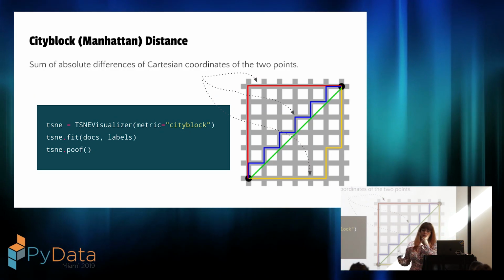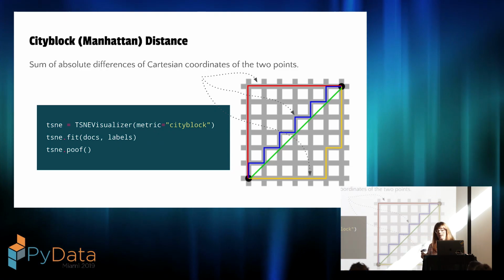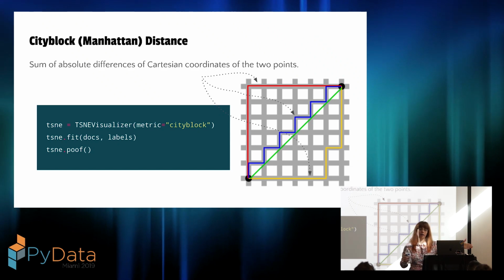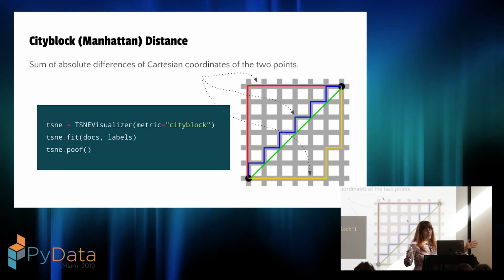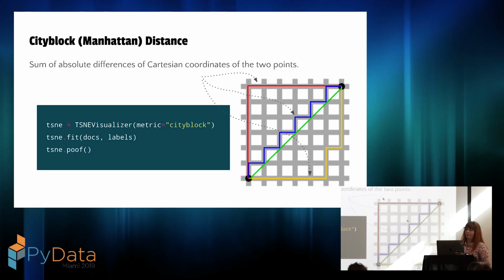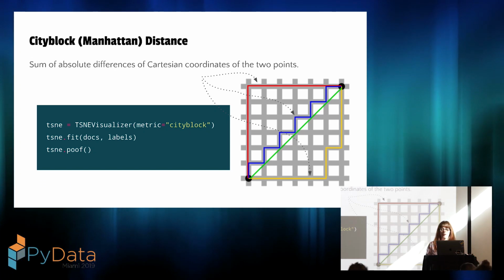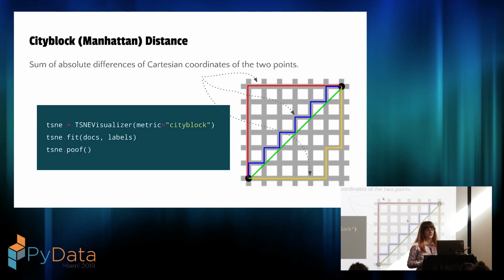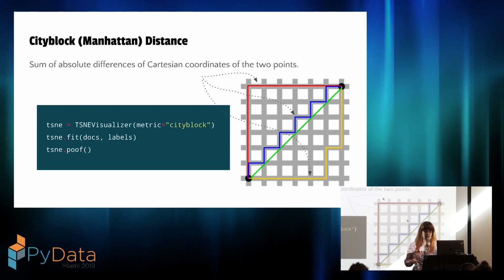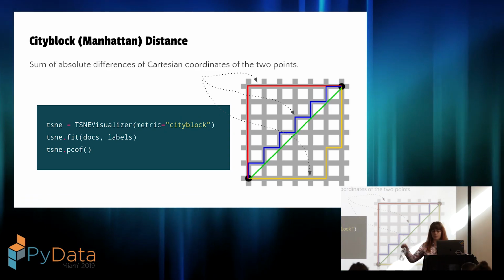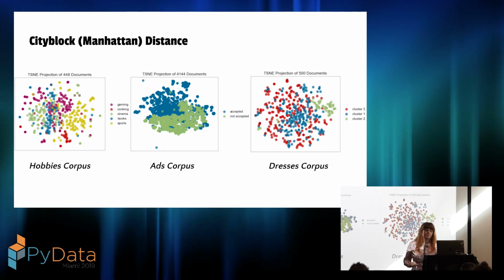If we pass in metric equals city block, this is going to get the city block algorithm from SciPy under the hood on your behalf, and it's going to give you a representation of distance between documents as the sum of the absolute differences between the two points, which are both instances of documents in the corpus.